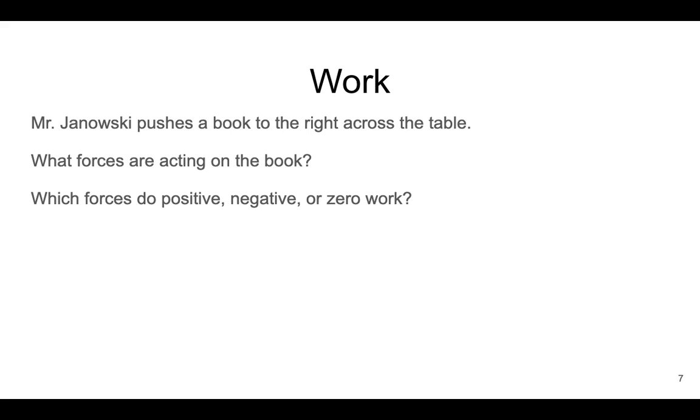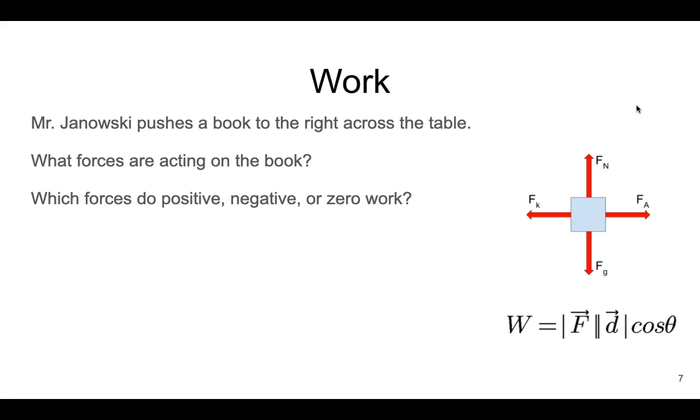If I push this thing to the right, friction opposes the motion, so friction went to the left. There was a normal force. The book was touching the table, which means the table was pushing on the book, so there was a normal force going up. And there's also gravity, because we're doing this on Earth, and all of the mass of the Earth is pulling the book straight down. So if we draw a free body diagram, it would look like this.